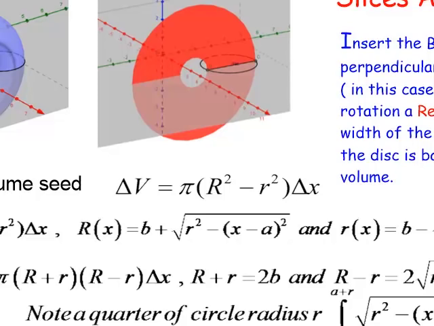We've already done the calculation of big R plus little r and big R minus little r, and when we put that in, we're going to use a property of an even integral from a minus r to a plus r.